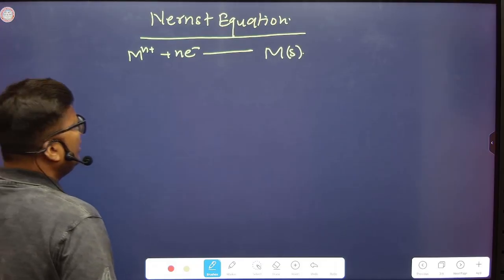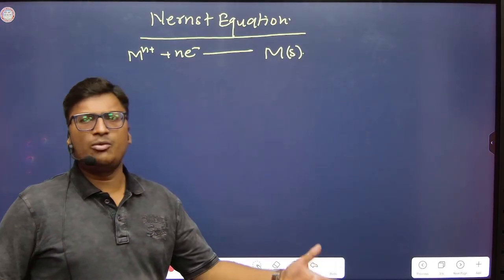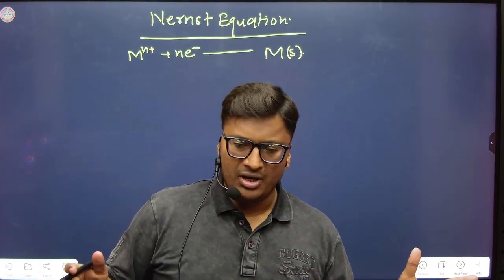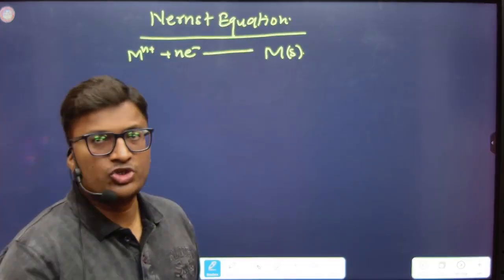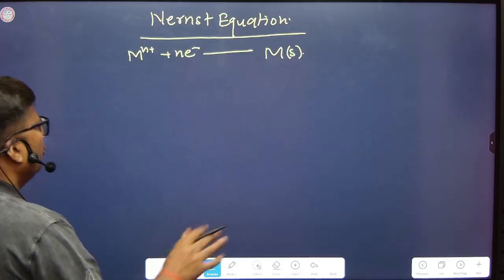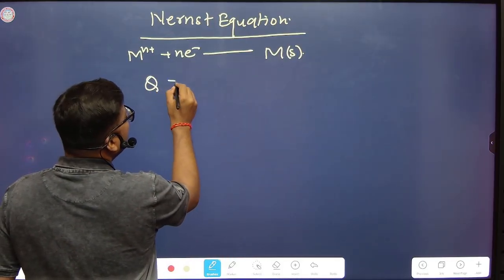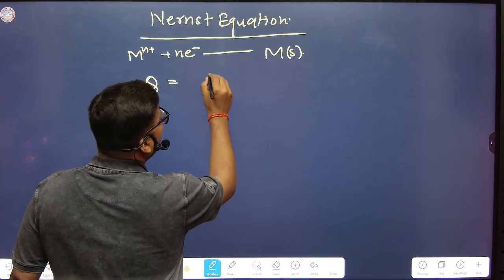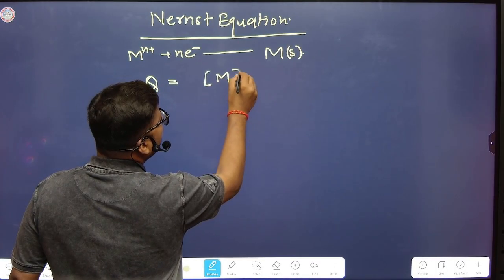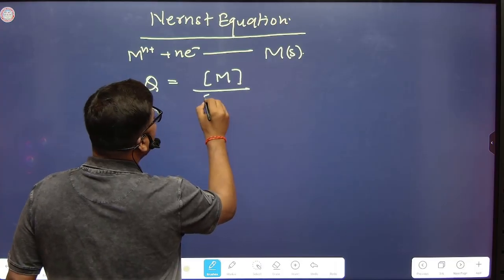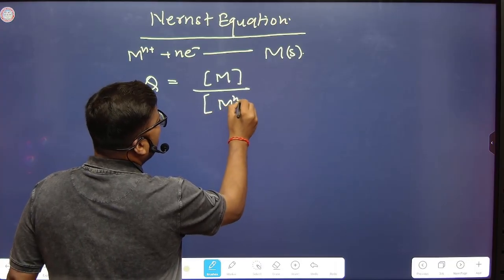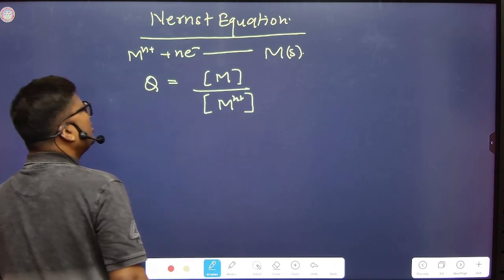Now in thermodynamics, you have studied the reaction quotient, that is Q. So Q is the reaction quotient, the concentration of M in solid state over the concentration of M n plus, right?